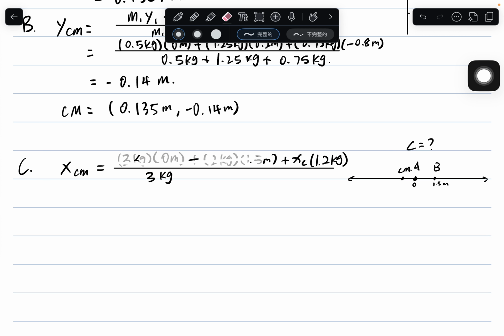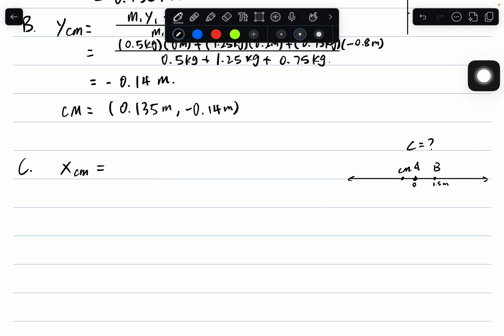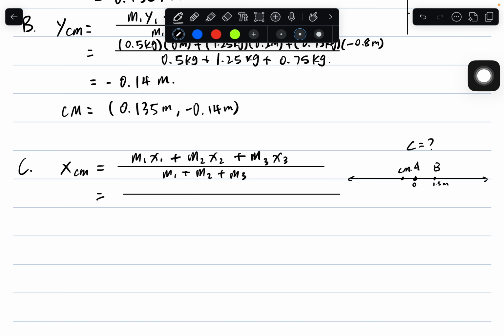Oh, my bad, I should write the formula first: m1x1 plus m2x2 plus m3x3, divided by m1 plus m2 plus m3. Now we can plug in the numbers.